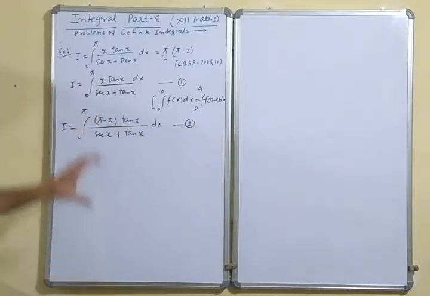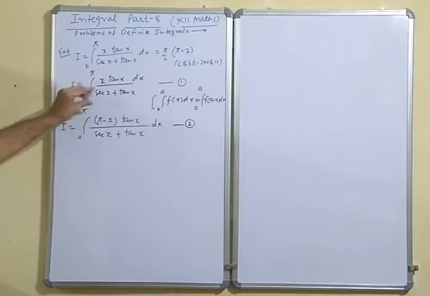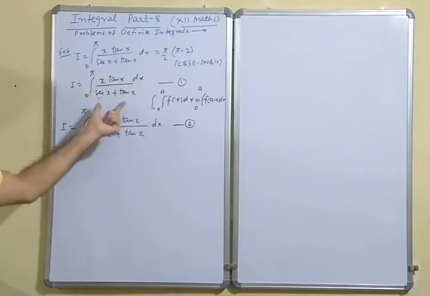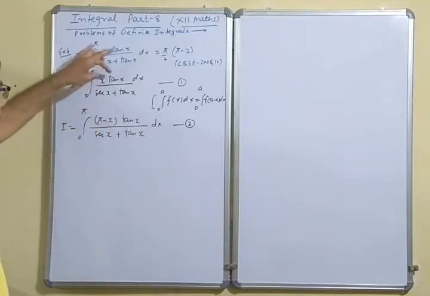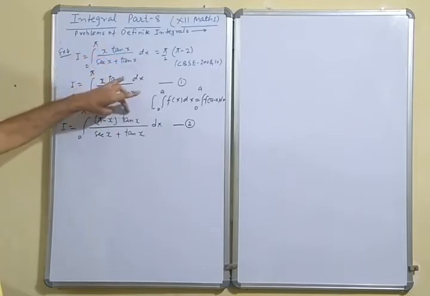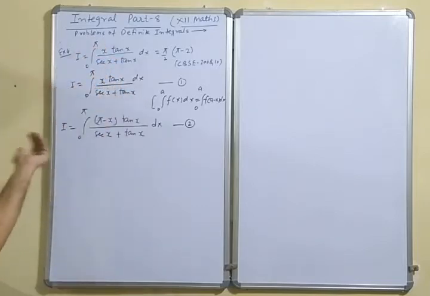So now you just see, if we add these two, the denominator is the same. In the numerator, x tan x will cancel out and we will take pi common.